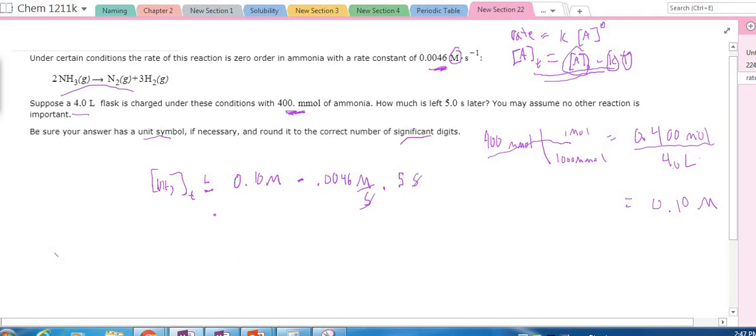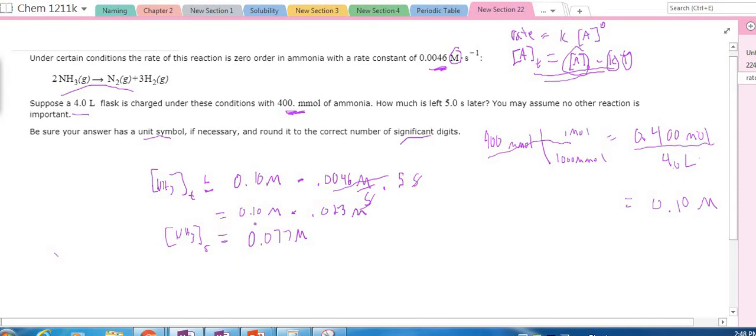When I do this math, it's going to equal 0.10 molar minus 0.023 when I multiply those together. They're still in units of molarity, so I can subtract those, and that gives me that the concentration of ammonia at time t, which is at 5 seconds, is going to equal 0.077 molar.